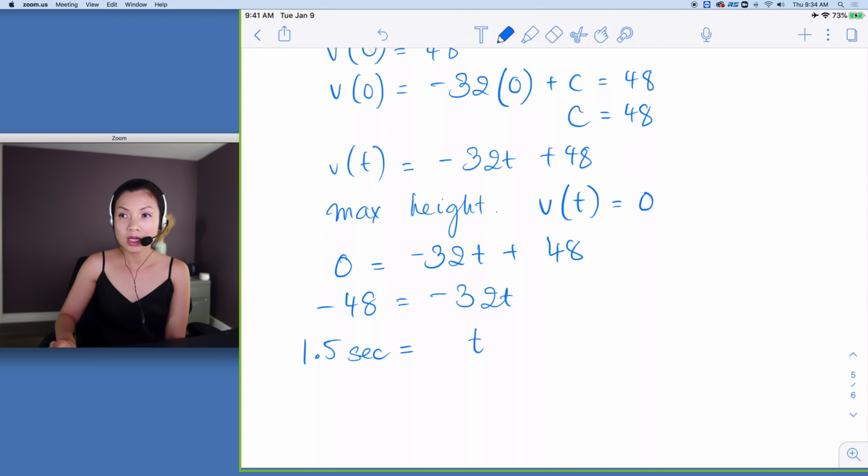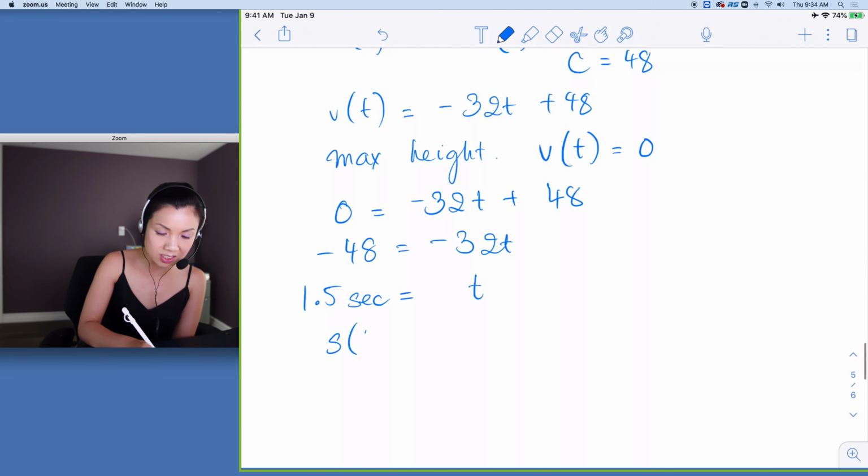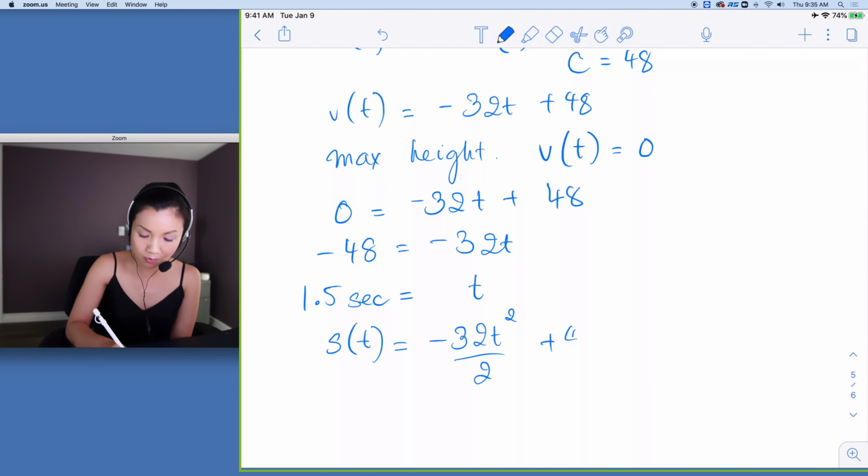Okay. Now we're going to go back and find the position function, which is s of t. So s of t is going to be negative 32t squared over 2 plus 48t plus d.